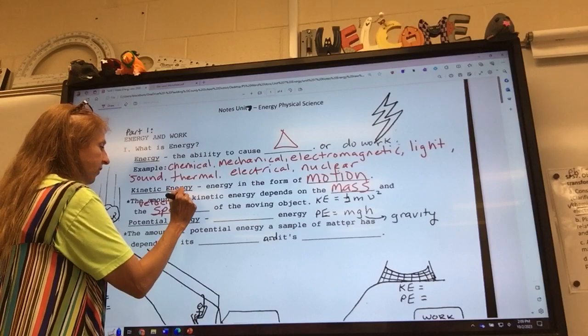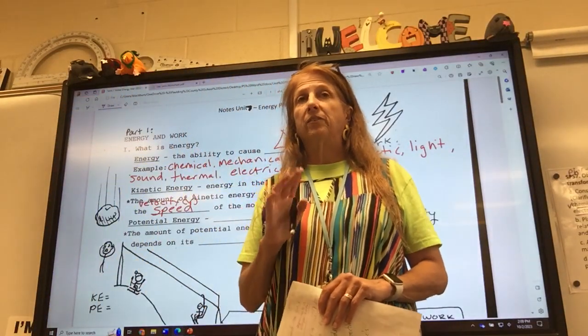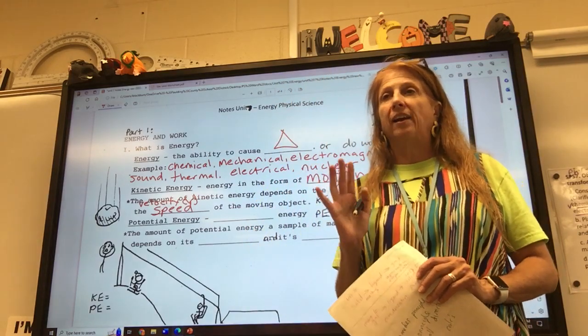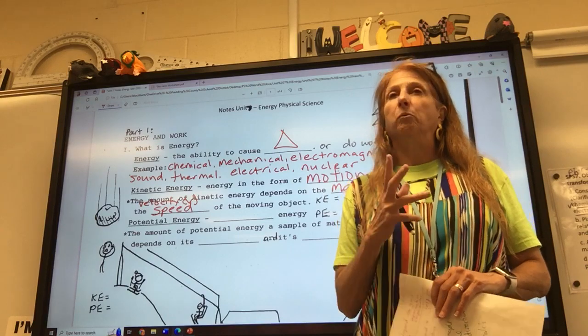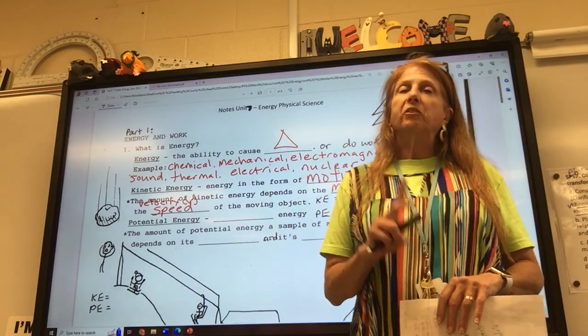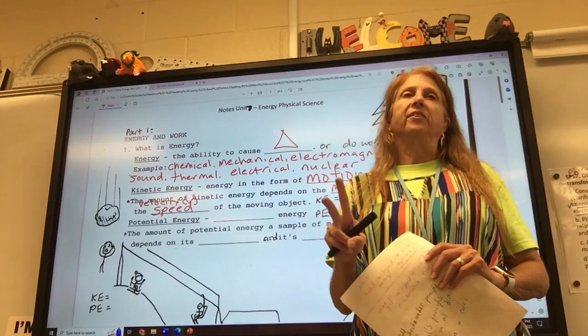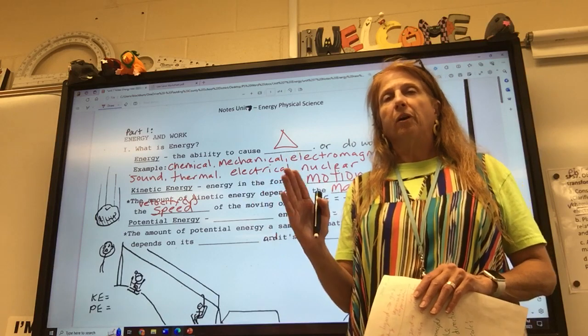Okay, and the symbol for velocity is a V. Now, I don't know if you've noticed this, but sometimes people who like science are nerds. And as nerds, they will want to use a big word that sounds fancy when a little word will do. Speed and velocity are not exactly the same. Speed is how fast you're going, 55 miles an hour.